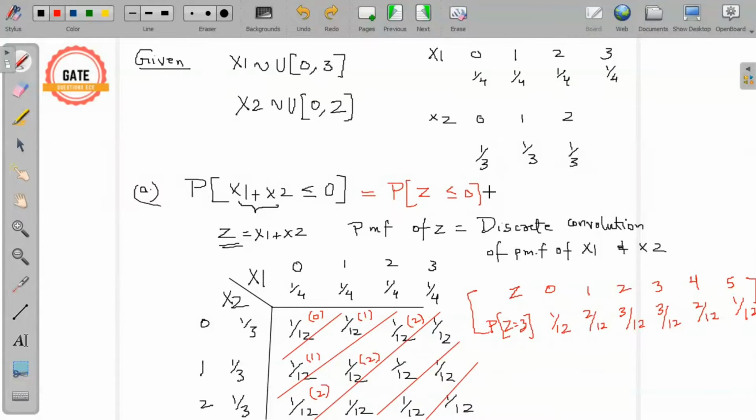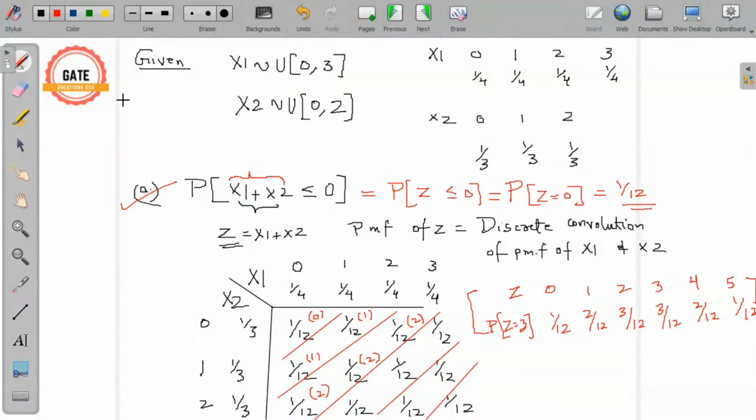So this probability will be equal to probability z is equal to 0, which is nothing but 1 by 12. So this is the answer to our first problem, probability x1 plus x2 is less than or equal to 0. So this is how you handle whenever in a question they ask about the sum of two random variables.